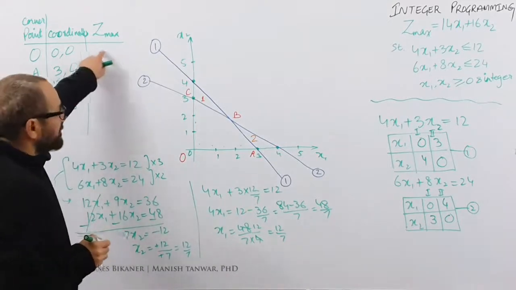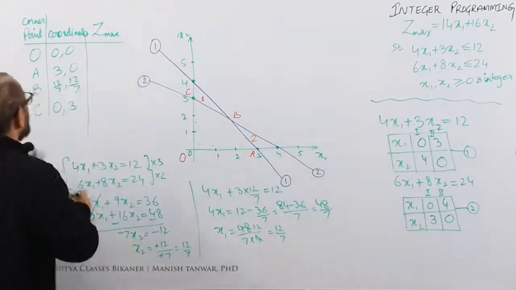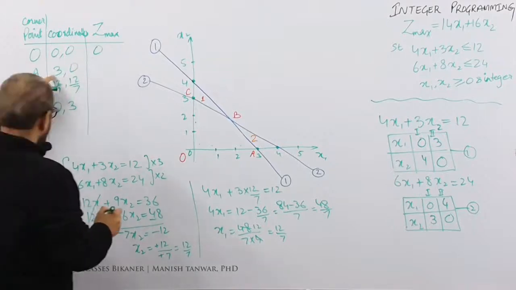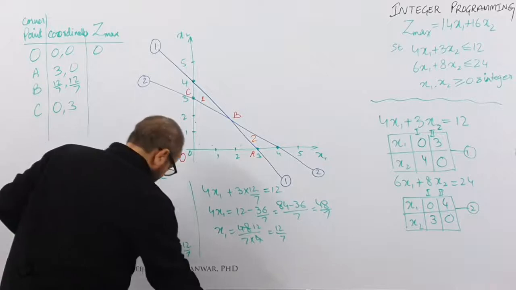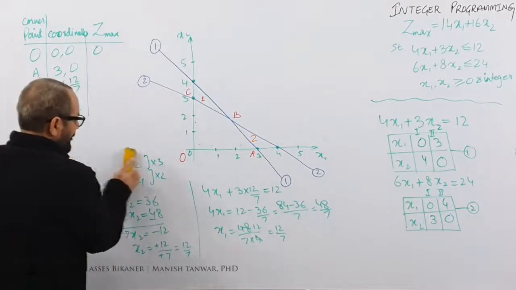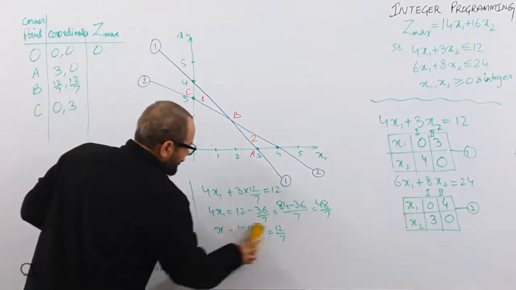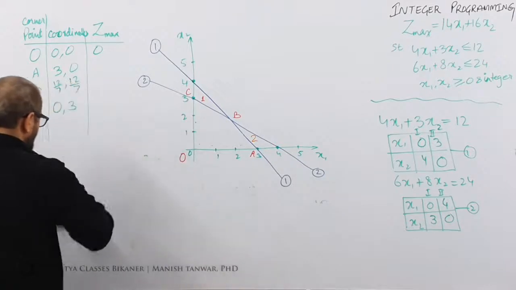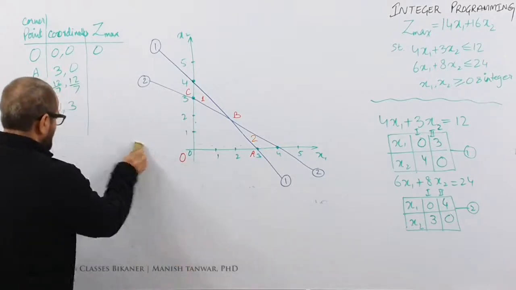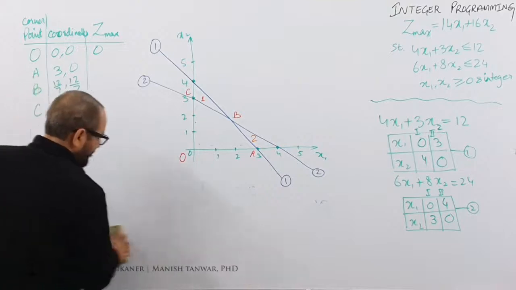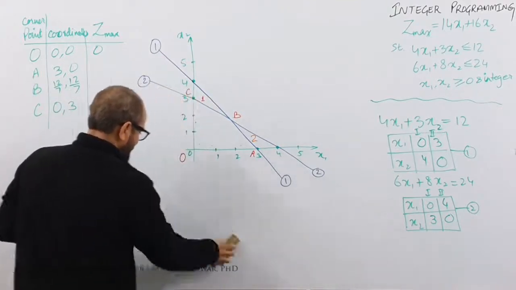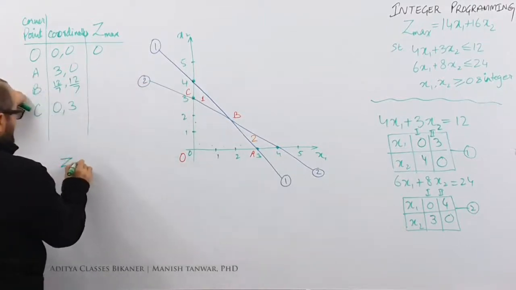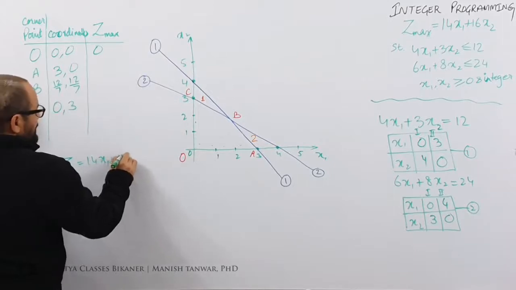Can we have the value of z? Z is 14x1 plus 16x2.